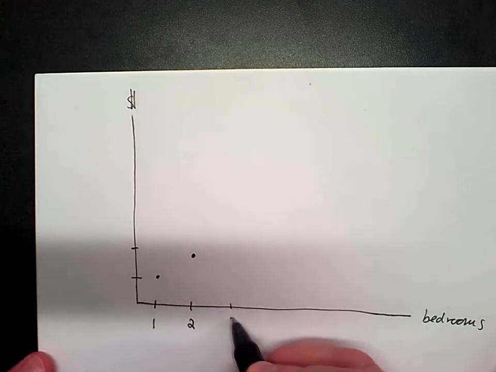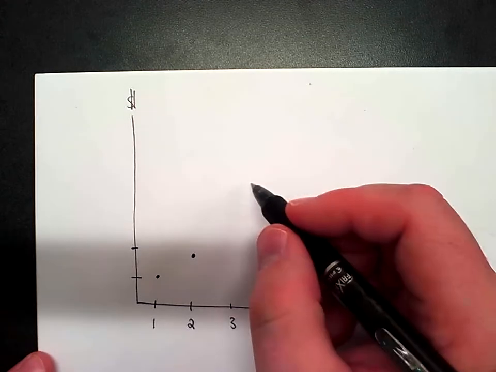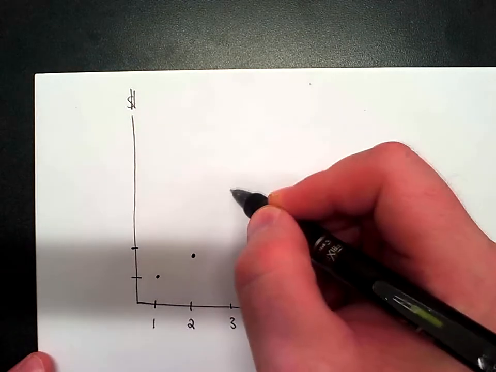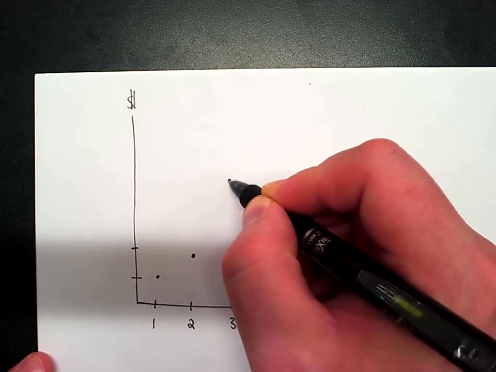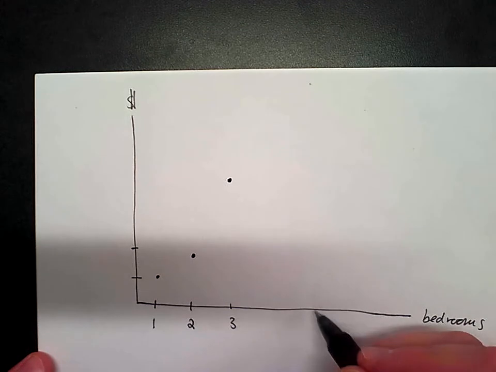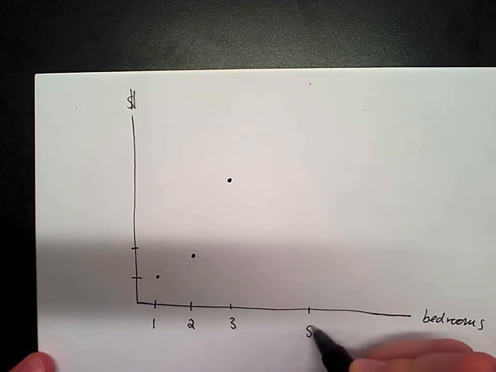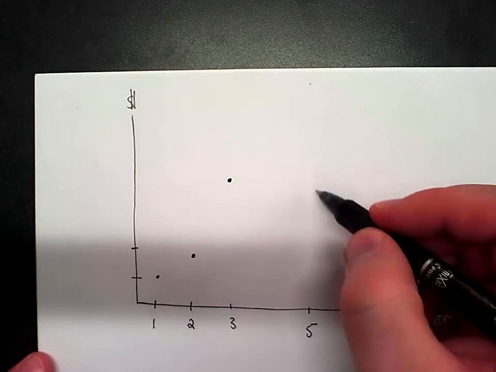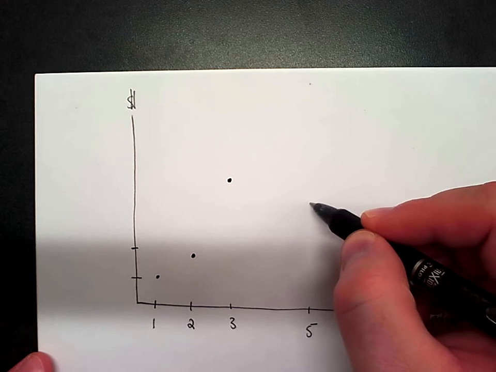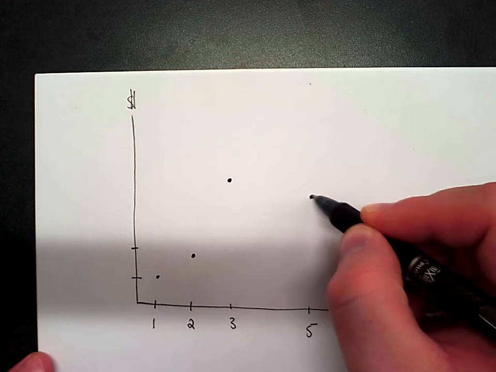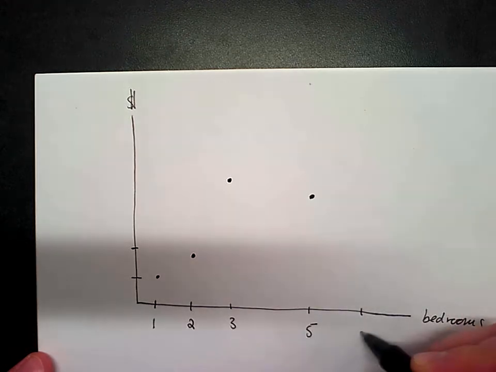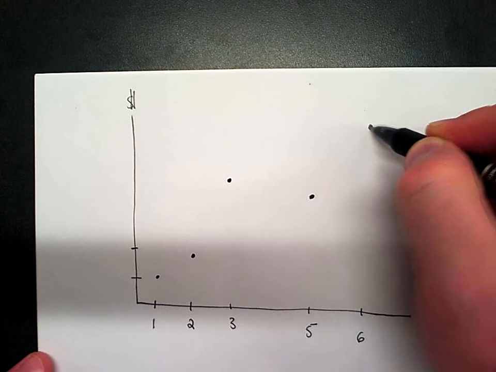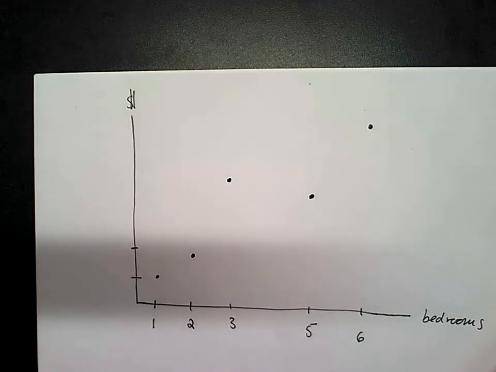Let's say that there's a 3-bedroom house. Maybe this 3-bedroom house is a really nice 3-bedroom house, so let's say it's somewhere up here. And then you have like some 5-bedroom house, and maybe this 5-bedroom house is a little bit more of a fixer-upper, so maybe it's somewhere down here. Right? Everybody get the gist of what we're doing? So let's say a 6-bedroom house is somewhere up here.